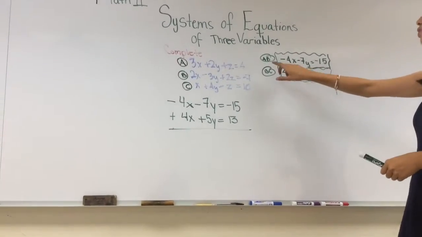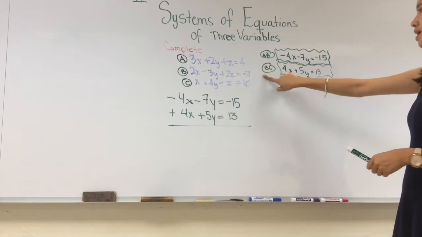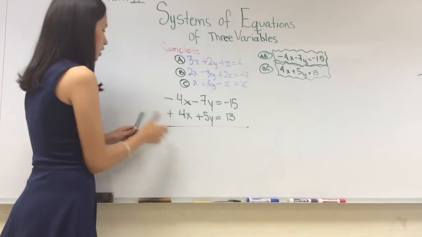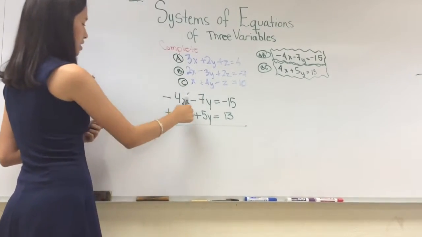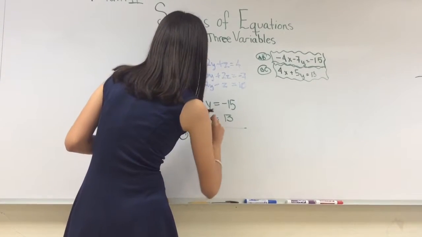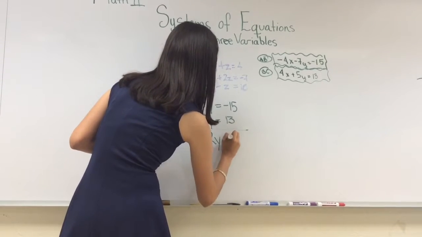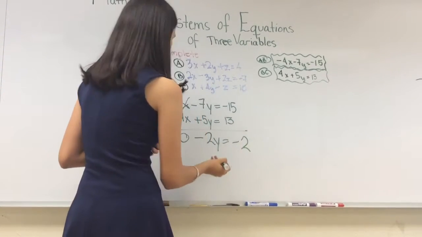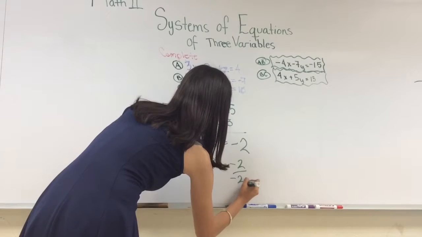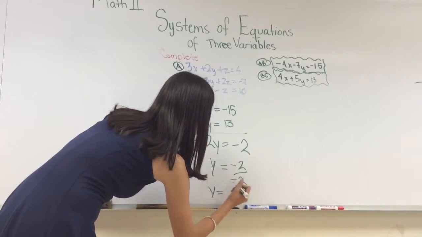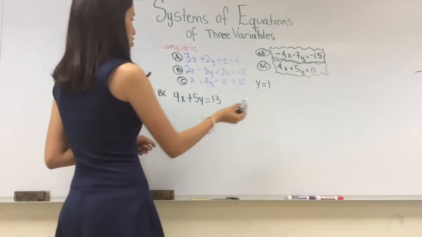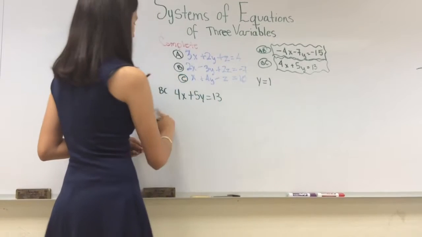In here, we're going to subtract AB minus BC, which are these two equations. Then we cancel minus 4x plus 4x. This is 0. This is minus 2y equals minus 2. Then we have y equals minus 2 over minus 2. y equals 1. Now we're going to substitute y equals 1 in this equation.